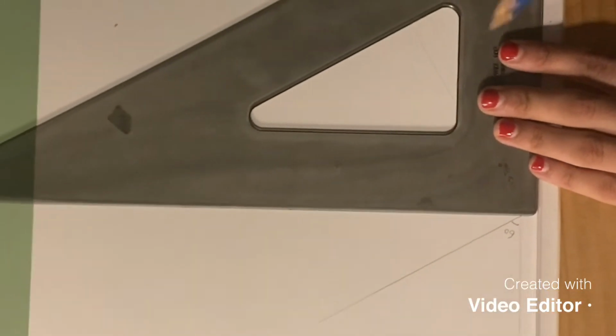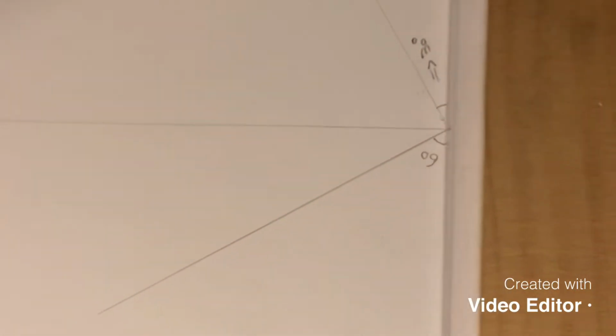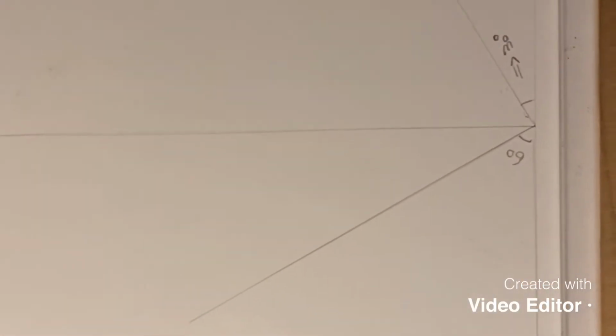And this is 60. So you can establish that with your middle line. When you have this line, on the top side I can do the opposite.